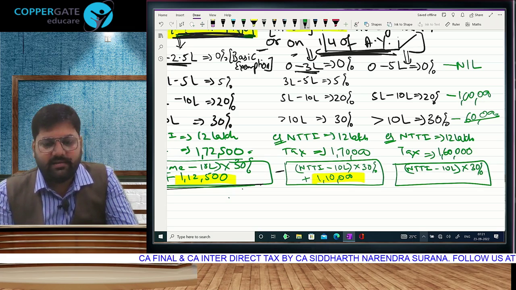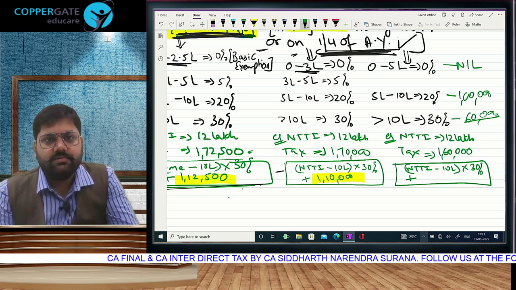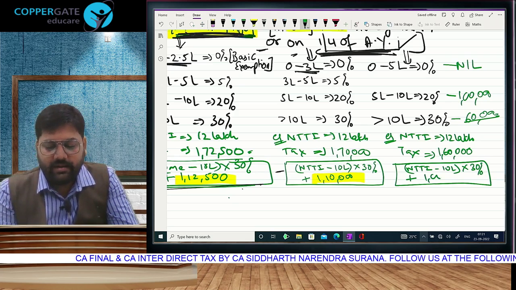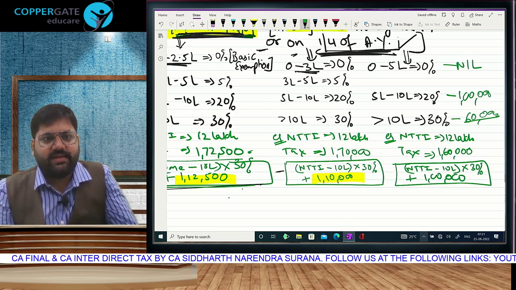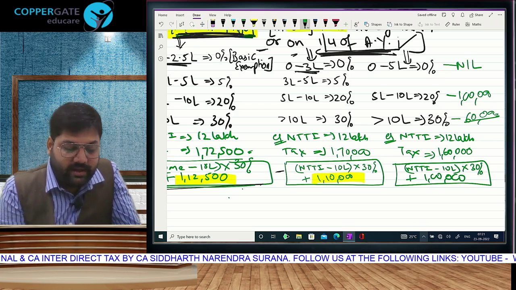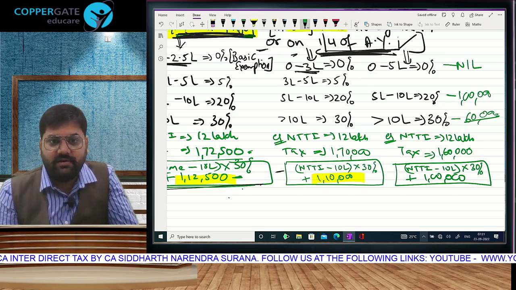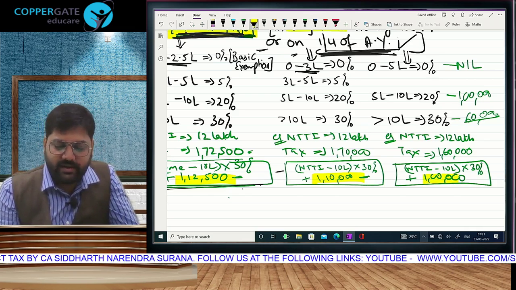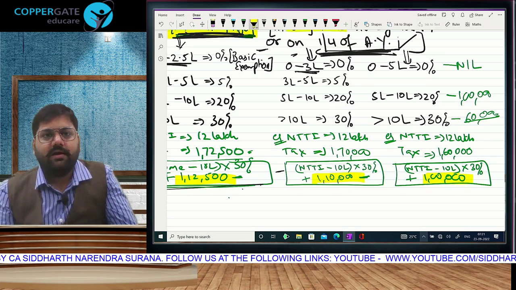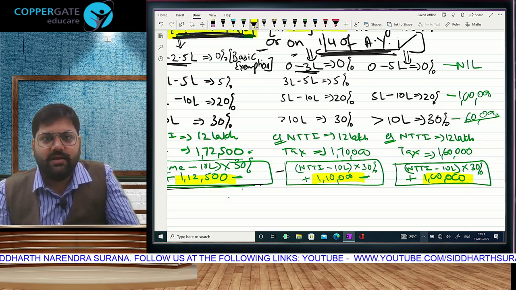Excess over 10 lakh at 30% plus 1 lakh. Tax till the level of 10 lakh is fixed. For category A, 1,12,500. For category B, 1,10,000. And for category C, 1 lakh. And after this you just apply 30%.